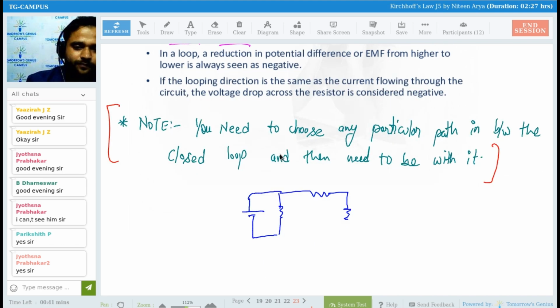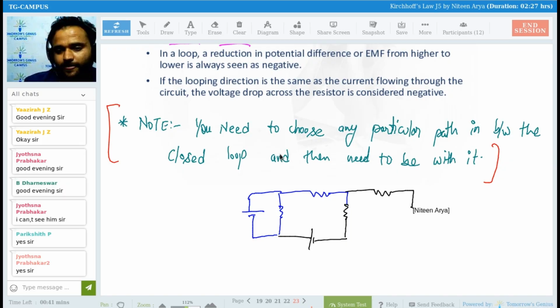Let me go in a proper way, just give me a minute. This is another resistance. Now you have this voltage which is positive and negative. And then you have another resistance, then another resistance, then another resistance. And now you have here some big voltage.